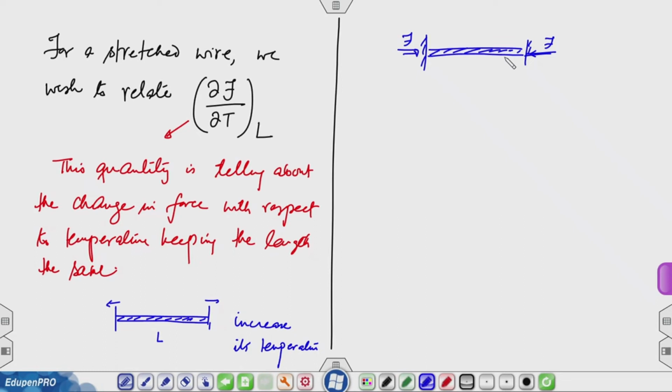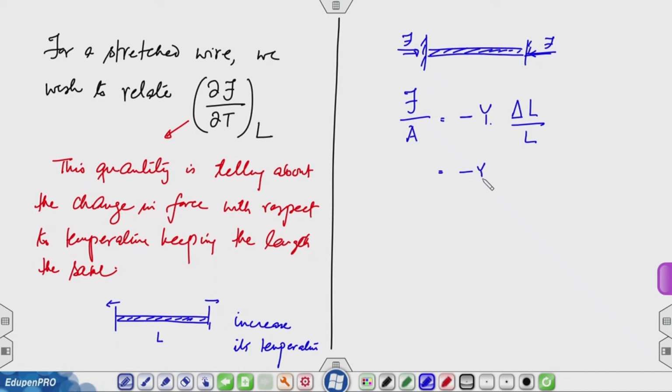So that force per unit area is going to be equal to Young's modulus times delta L over L. And I'm going to put a minus sign because it's in the direction into the rod.